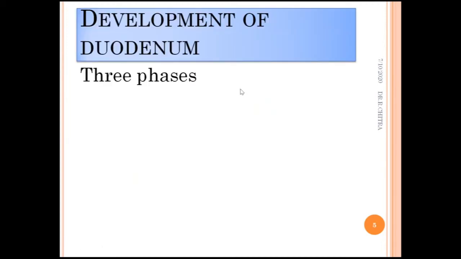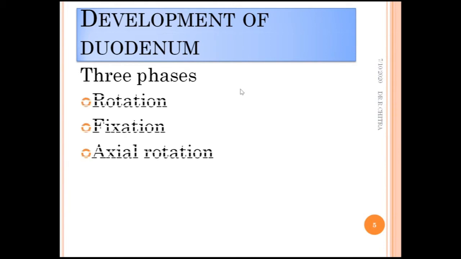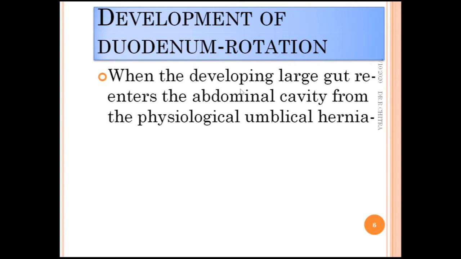For the development of the duodenum to reach its adult position, it undergoes three phases: rotation, fixation, and axial rotation. We will see them one by one. Rotation occurs when the midgut rotates; the midgut stays in the physiological umbilical hernia from the 5th week to the 10th week. When it enters the abdominal cavity, the cecum will rotate around 180 degrees anti-clockwise.